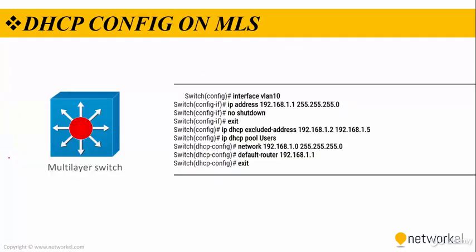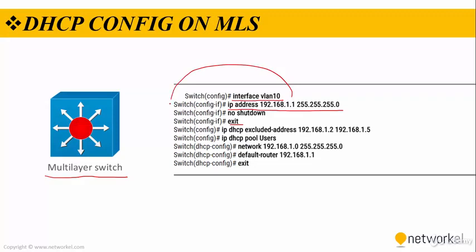And let's take a look at how we can configure DHCP on our multi-layer switch. In config mode, we have an interface VLAN 10 interface, and we assign an IP address 1.1 to that interface.